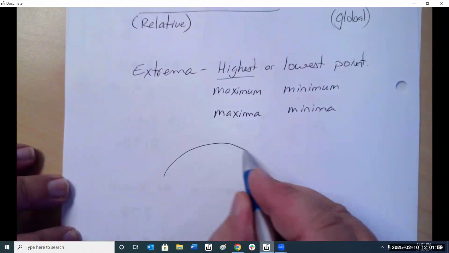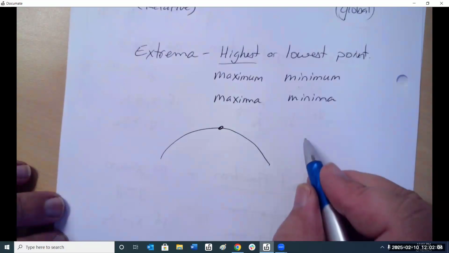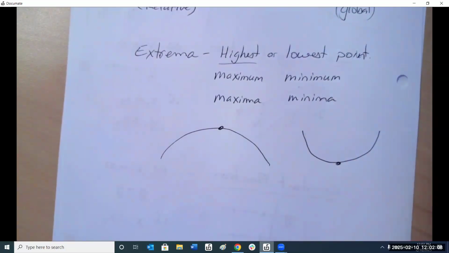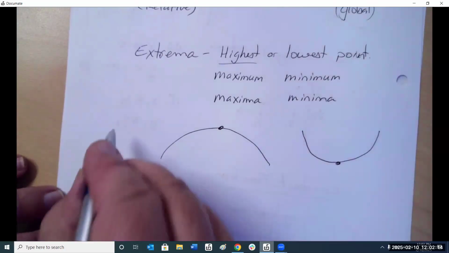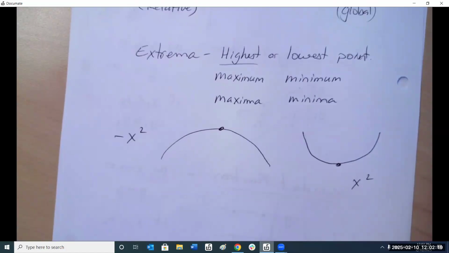So the maximum is there. The lowest point, the minimum, is there. For the quadratic functions, this one would look like negative x squared. This one would be x squared.